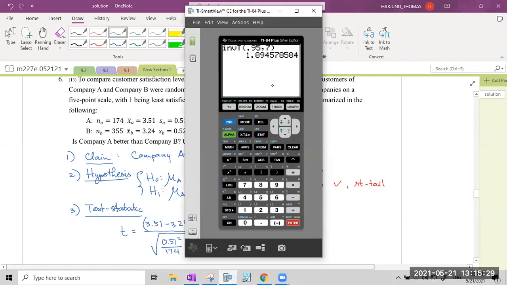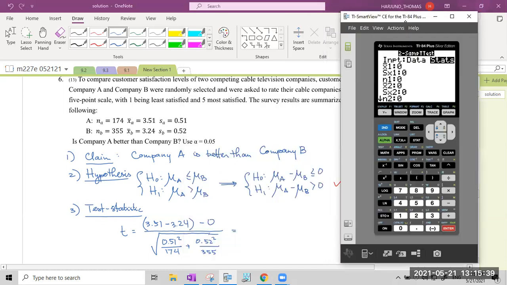Let me use calculator. Test, that's 2-sample t-test, right? And then I will insert the information. X1 bar is 3.51. Sample standard deviation 0.51. Sample size 174.